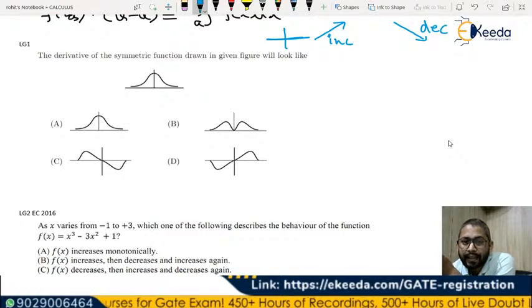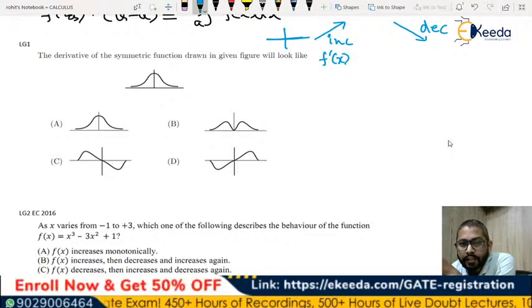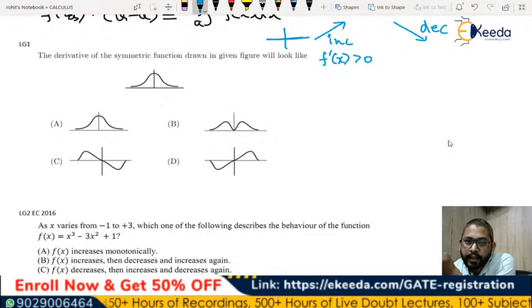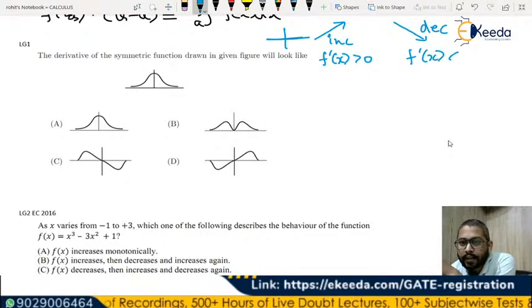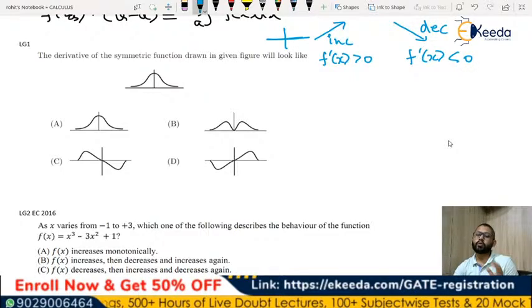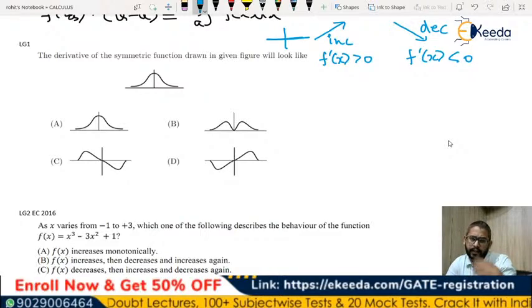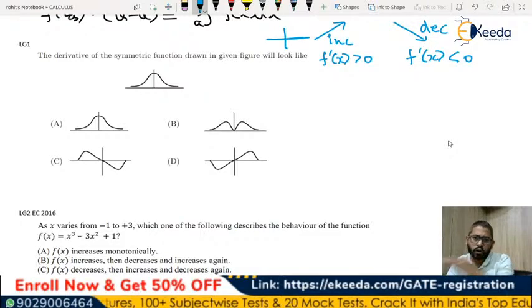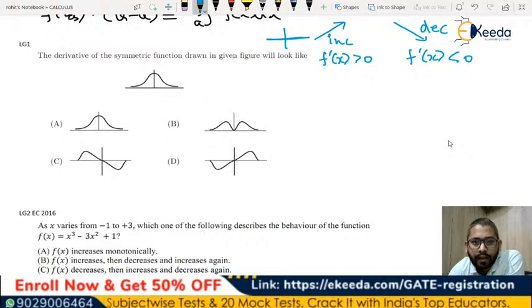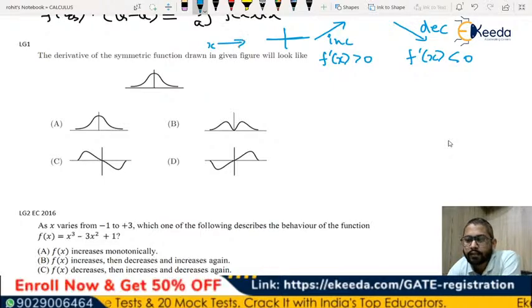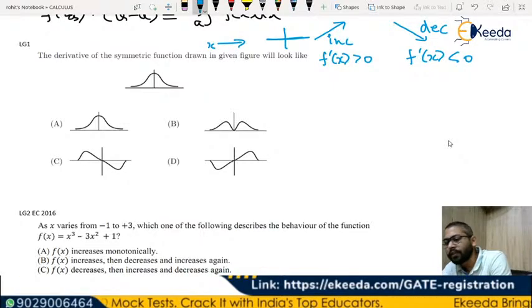Mathematically, the derivative of this function has to be greater than 0 if it is increasing, and less than 0 if it is decreasing, right? This is what we already know, and if the derivative is 0, it is going to be a constant function, right? So moving x from left to right, from minus infinity towards infinity.